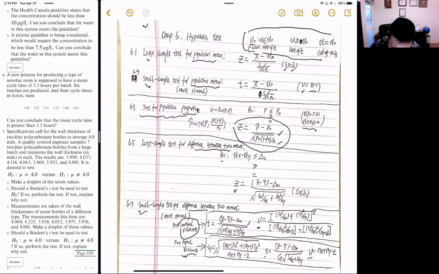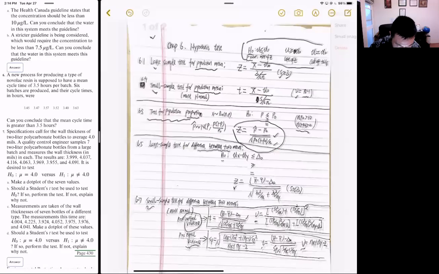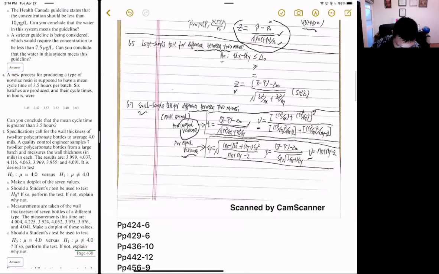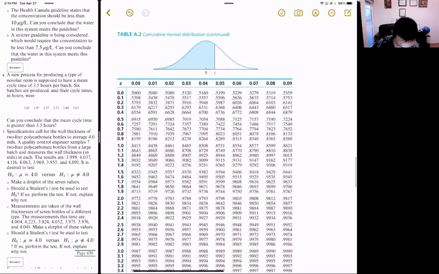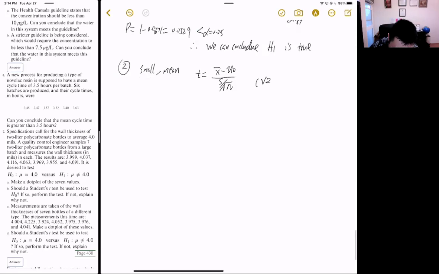So this is the equation for the t value. And the degree of freedom is n minus 1.